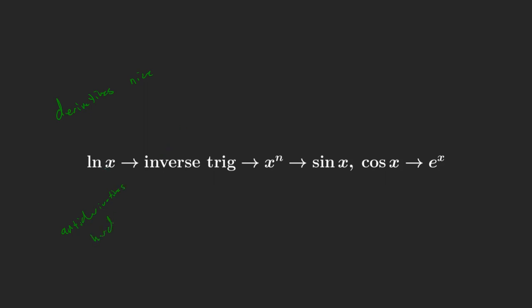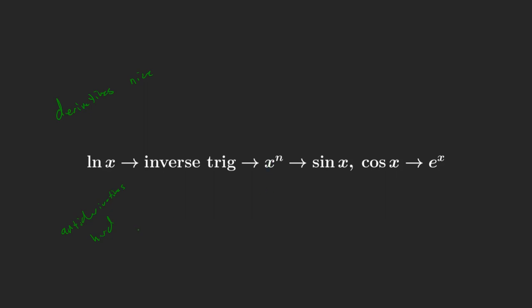I can differentiate the log function super easily. I don't know how to anti-differentiate it. Similarly, inverse tangent, I know how to differentiate that. The derivative of the inverse tangent of x function is 1 over 1 plus x squared. I do not know the antiderivative of the inverse tangent function right now. Power functions sit right in the middle because they're nice to differentiate.